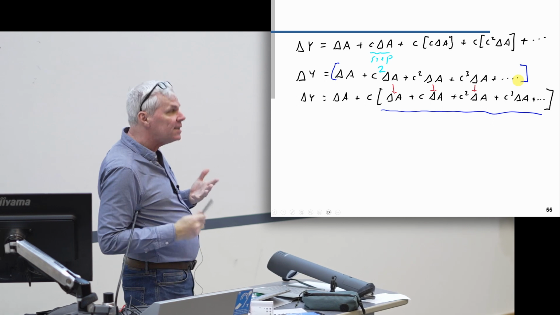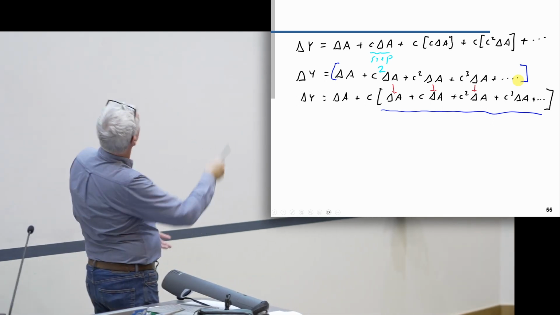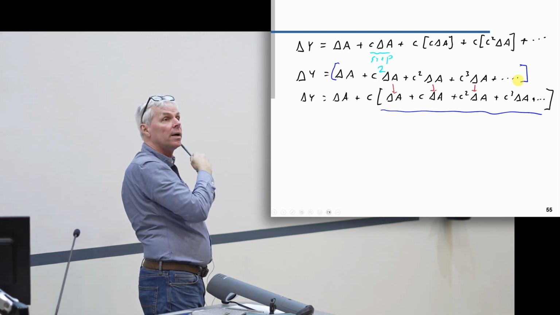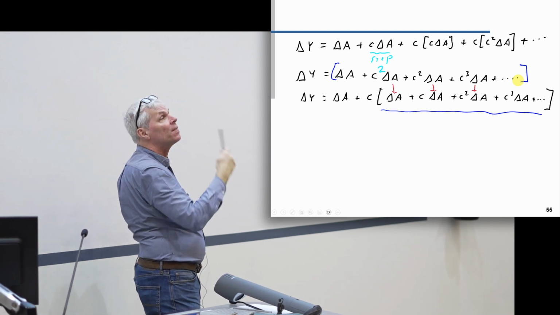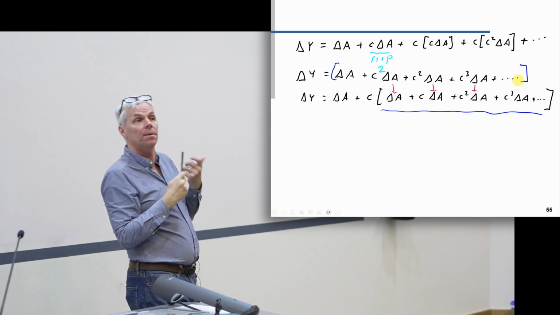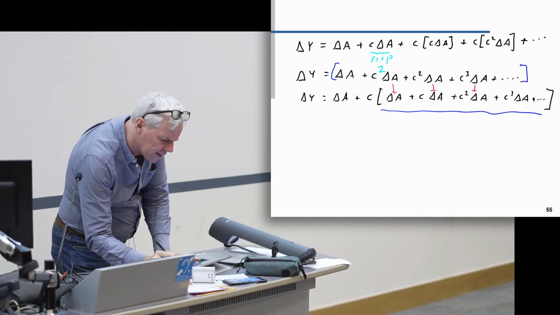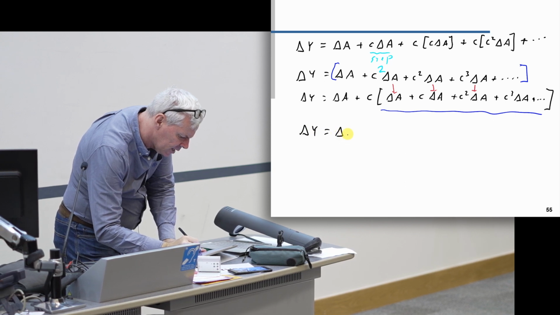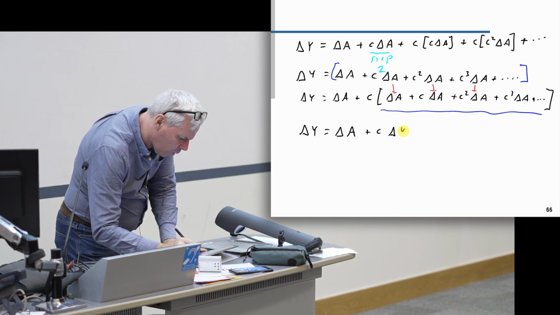And so since it's exactly the same thing, in the top one, I know that that whole rigmarole is just equal to change in y. And since this is math, I can use any legal math thing. I can plug that in. And so I can write this whole thing as change in y is equal to change in A plus little c times change in y.